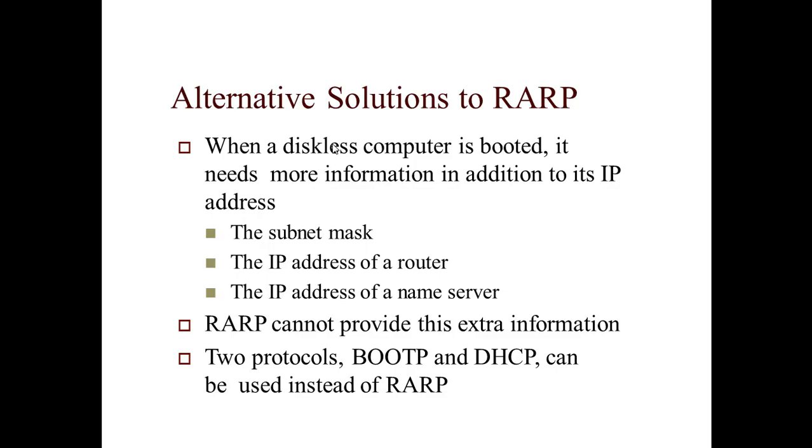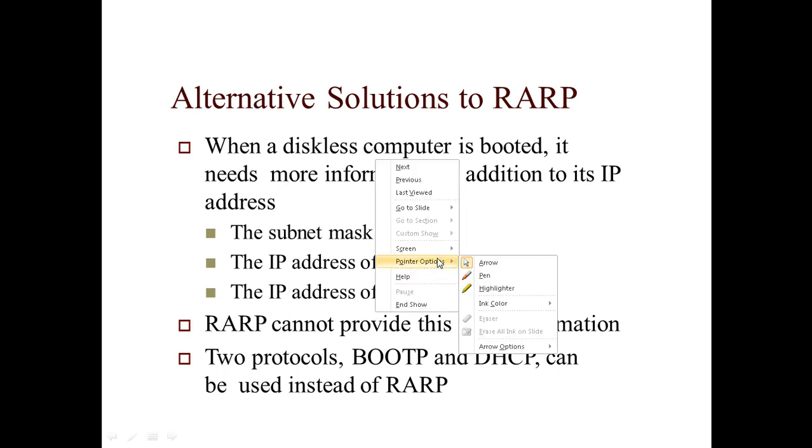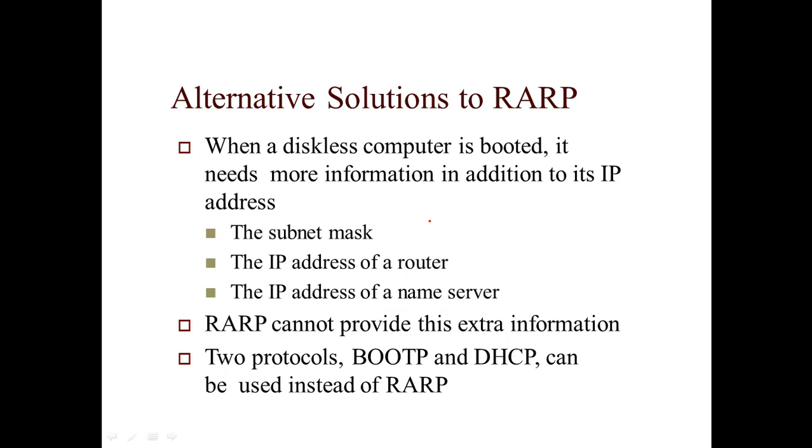Now there are some other solutions through which you can use this RARP. Let's say you are using a diskless computer and you have rebooted it. It will need some basic information in addition to its IP address: the subnet mask, the IP of the router, and the IP address of the name server.